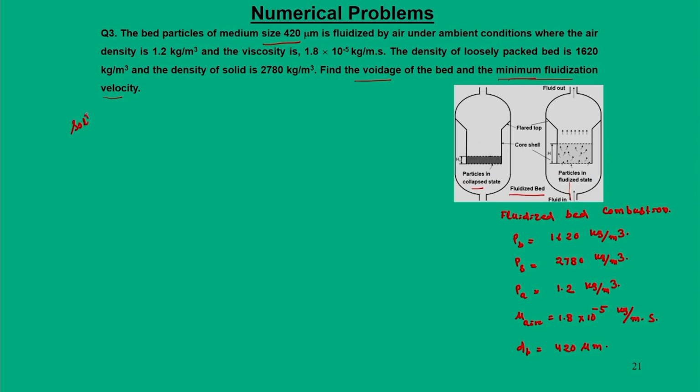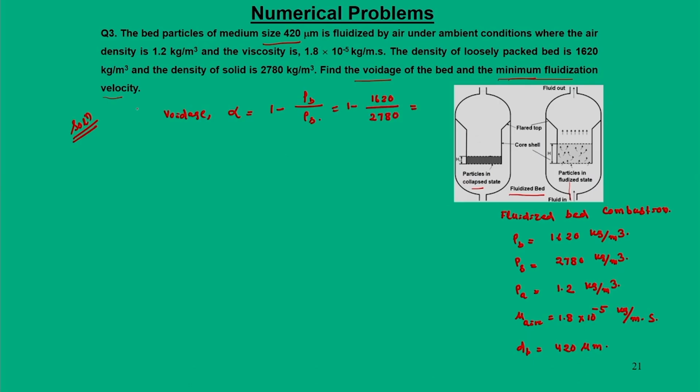So, the first expression we recall is for voidage, alpha, which is 1 minus rho B by rho S. So, it is 1 minus 1620 divided by 2780.